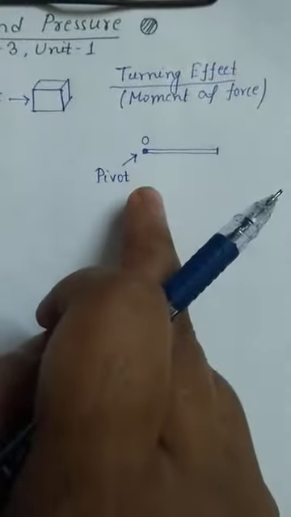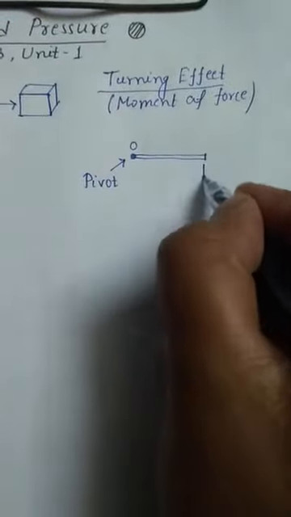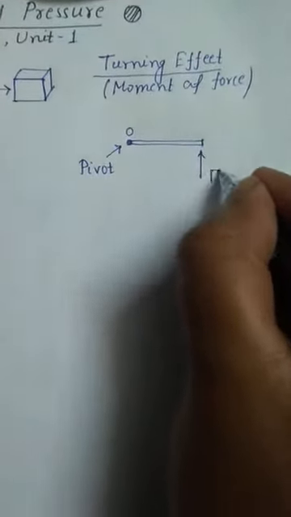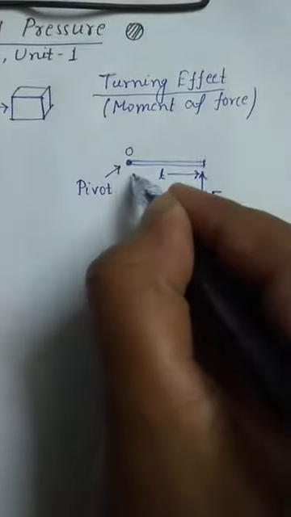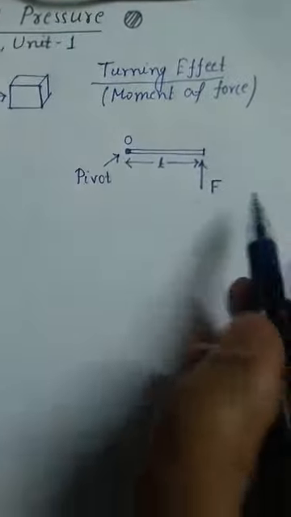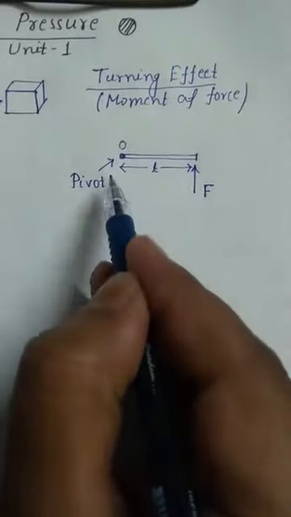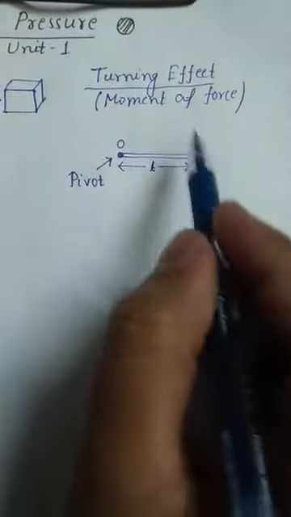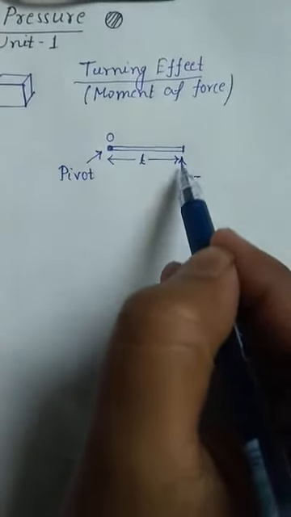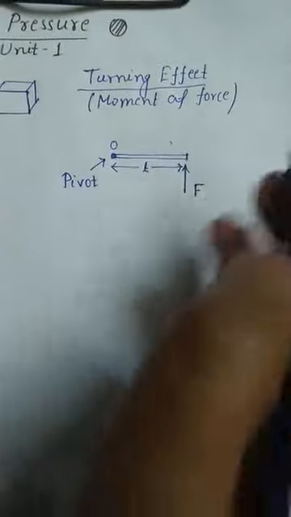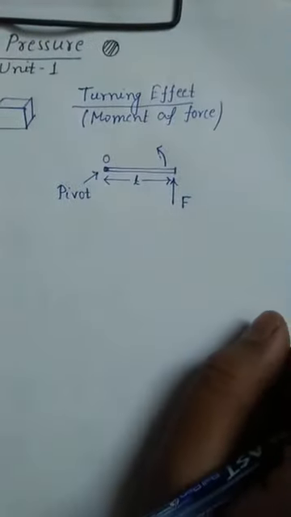Now I am applying a force here, of amount F, and the length of the stick is L. This force F will produce a moment, meaning a turning effect. When it is fixed here and you push it with force F, it will rotate in this direction. This is known as the turning effect of force, or better to say, the moment of force.